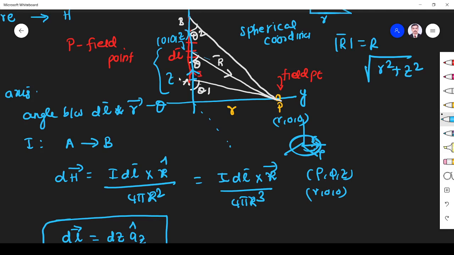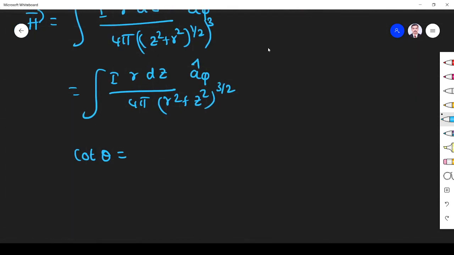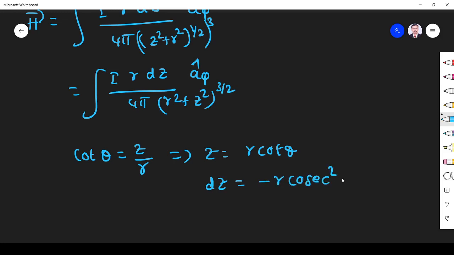Cot is adjacent by opposite, so z by r. So cot theta is z by r. This implies z is equal to r cot theta. I want dz. That's why I found cot theta. So dz is equal to, the differentiation of cot theta is minus cosecant squared theta, so minus r cosecant squared theta d theta. So dz we found, right?